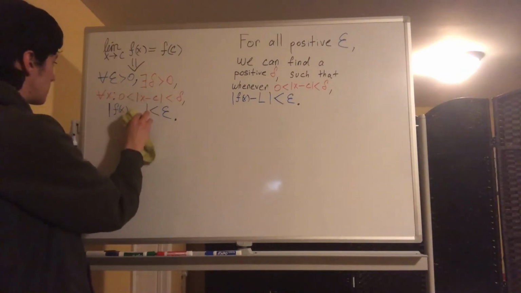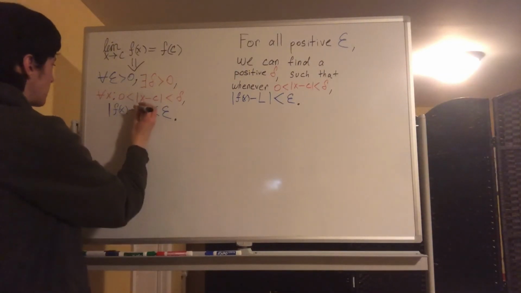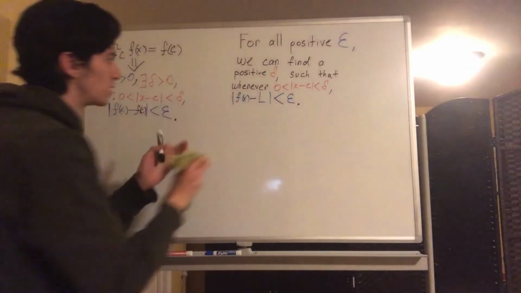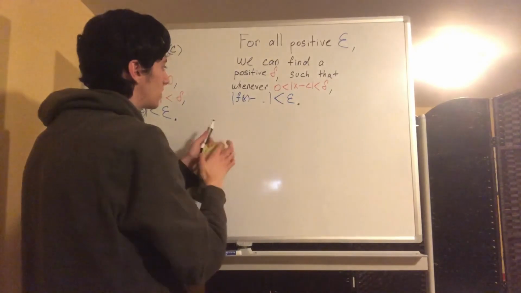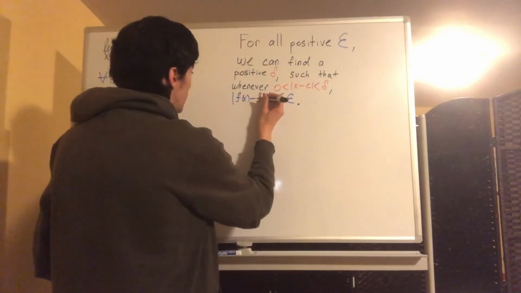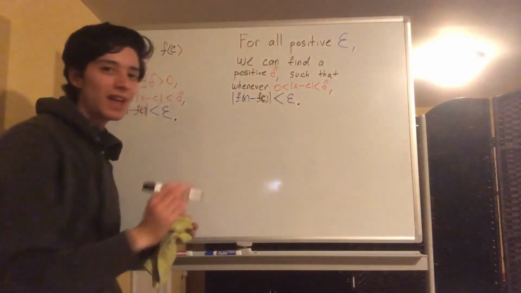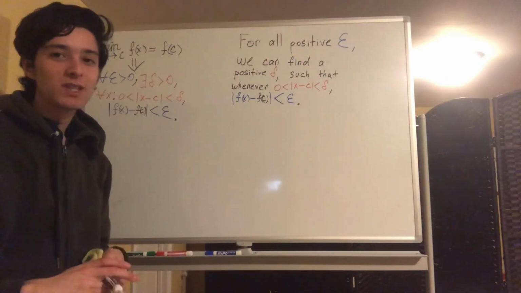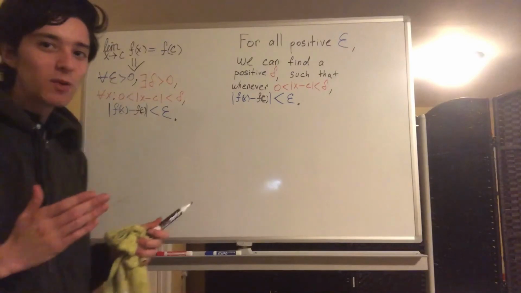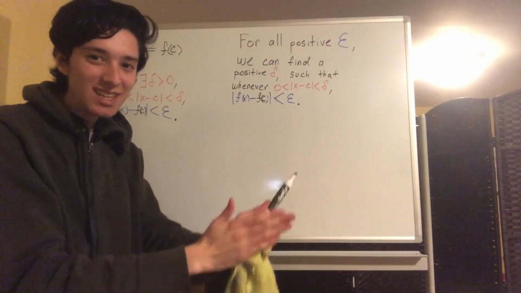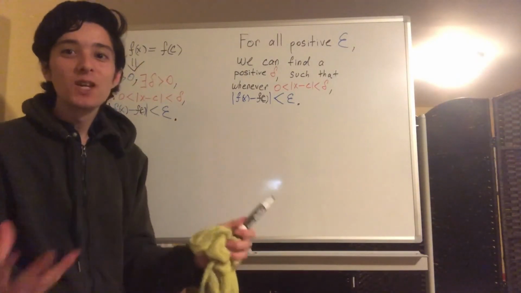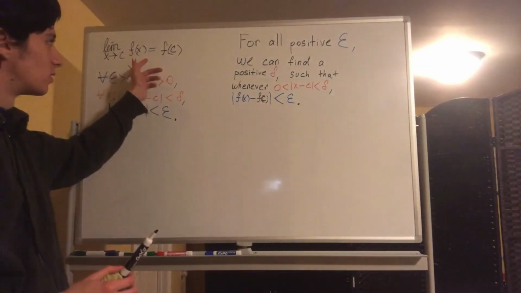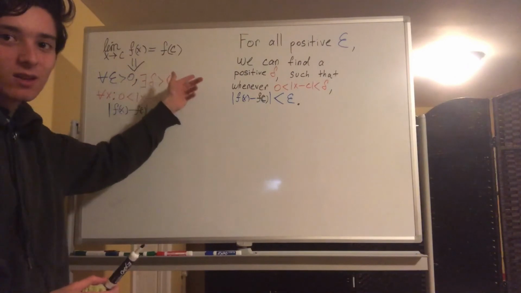So the distance between f of x and f of c, and we can change it here as well, will be less than epsilon. And what's special about continuity is that when you actually get to x equals c, then obviously by the definition of a function, f of x will equal f of c when x equals c.